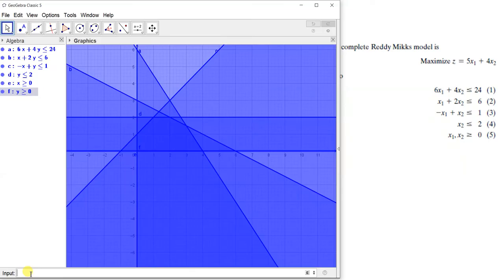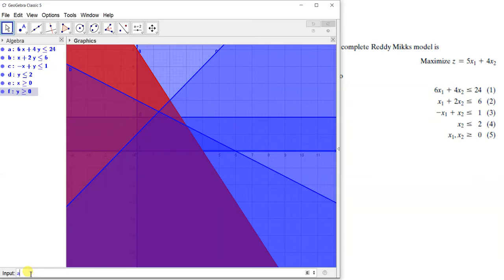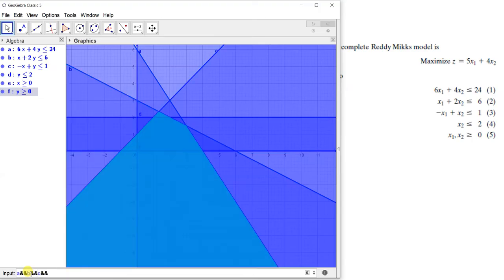So let's try to find the intersection, that is A, B, C, D, E, F. So here we go.